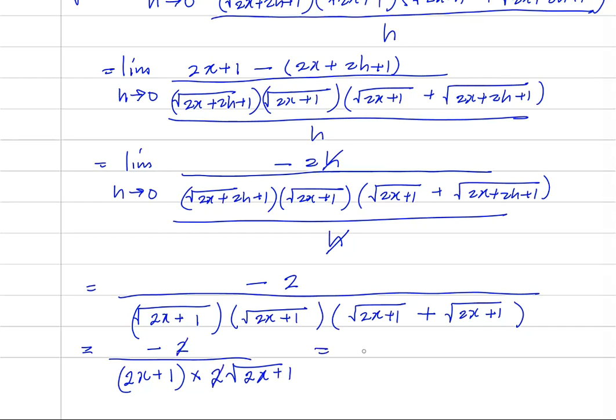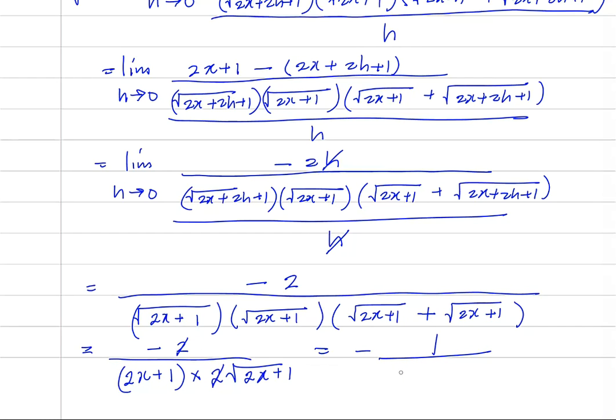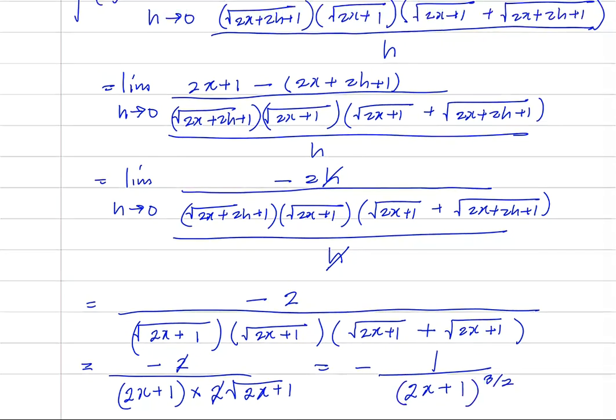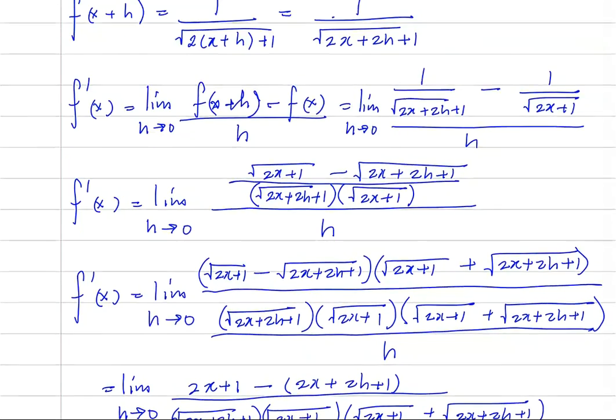So what we have is minus 1 over 2x plus 1 to the what? 3 over 2. Alright, so that was very tedious. Took about 10 minutes to work that.